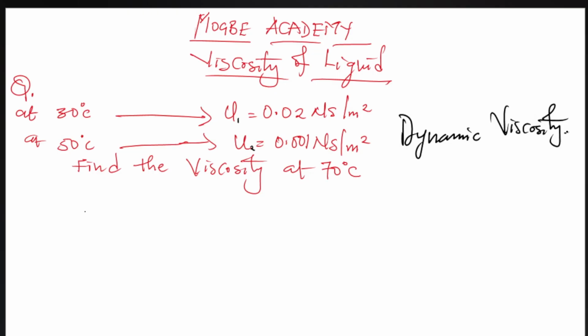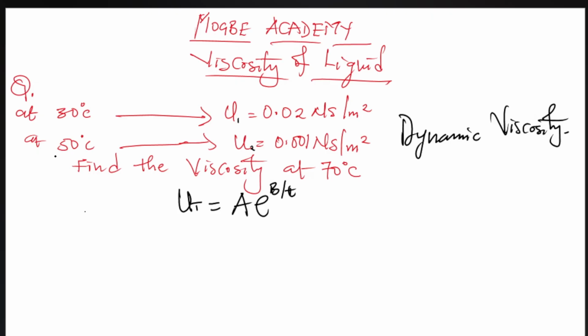The equation is U subscript T is equal to A exponential B divided by T, where A and B are constants, so you have to look for A and B. T here is the temperature, while U subscript T simply stands for the viscosity.